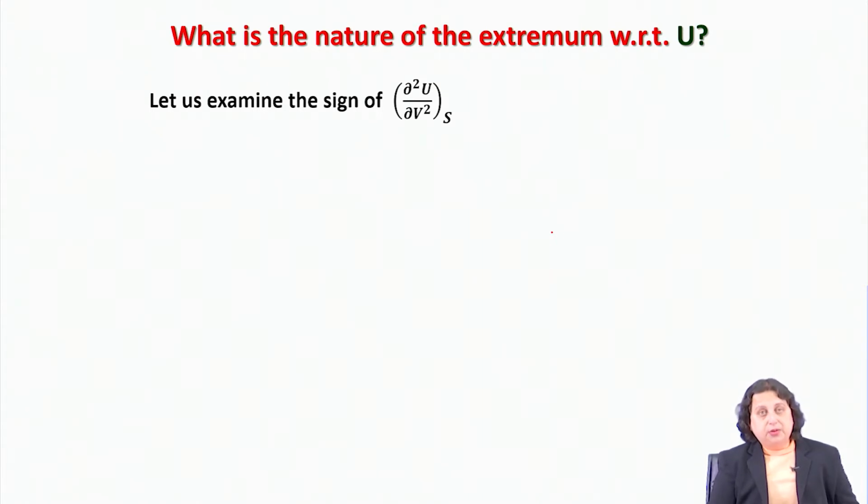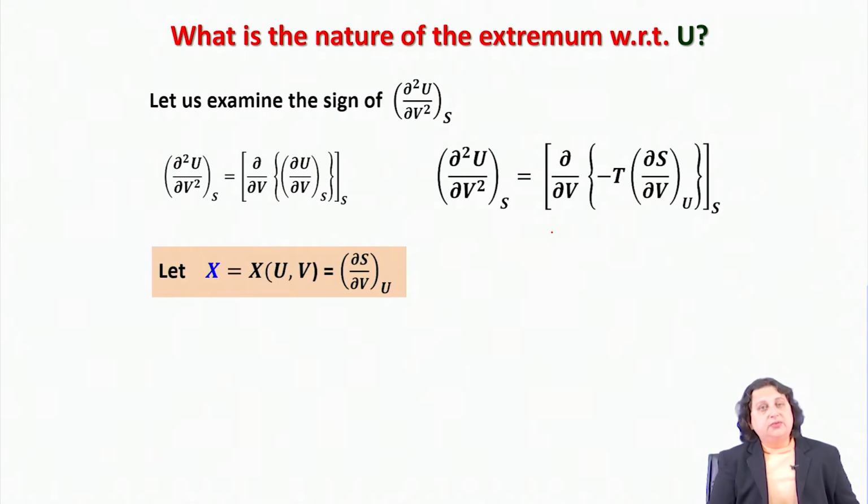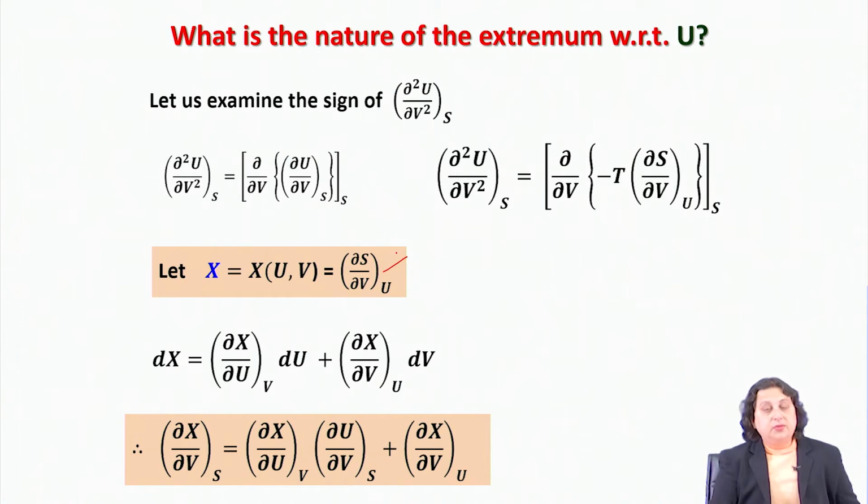But I will just browse through the kind of steps that you need to take to understand the sign of this second order partial derivative that will tell you about the nature of the extremum of U. Here you will see that you need to define this quantity x, which is nothing but del S del V at constant U. Then you can very easily find out what is dx, and you can also find out this del x del V at constant S in terms of other quantities that you are going to work with.